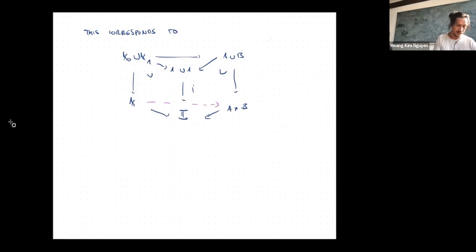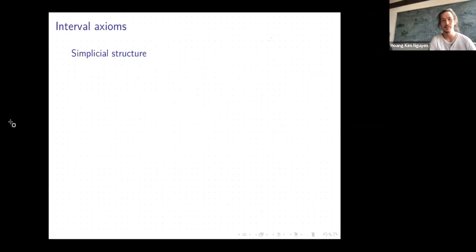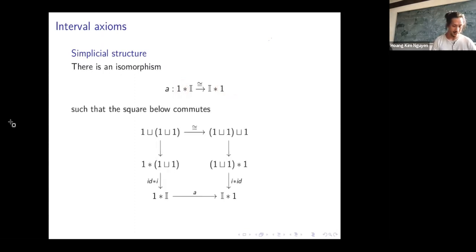So there are some more axioms on the interval, this time defining a simplicial structure. And what we'd like to have is an isomorphism where we join the terminal object either on the left side or on the right side of the interval, in a way such that the following square commutes.